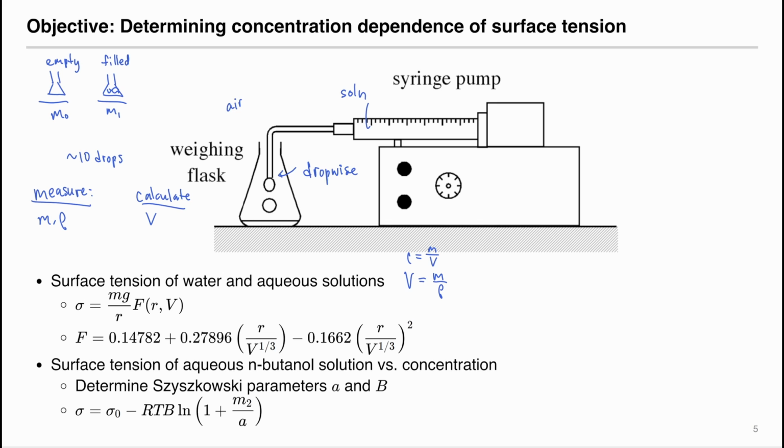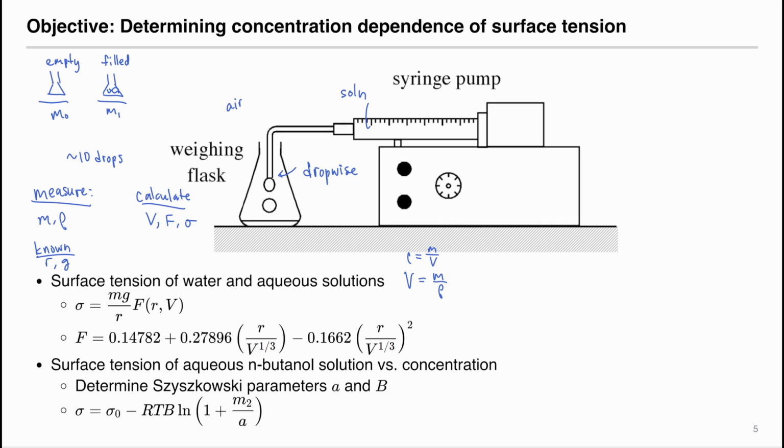And then we can calculate the correction factor using R and V. R is known because it will be given to you in the lab manual. Then we calculate F. We know F, we know R, we know m, and g is also known, so we can calculate sigma. And sigma is the surface tension that we are trying to achieve. So this is the part where we measure the surface tension of any solution using the drop weight method.